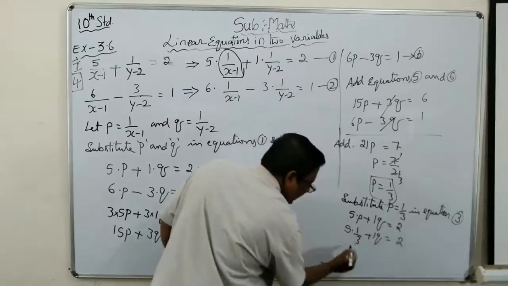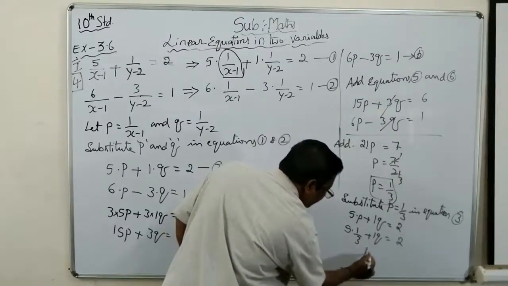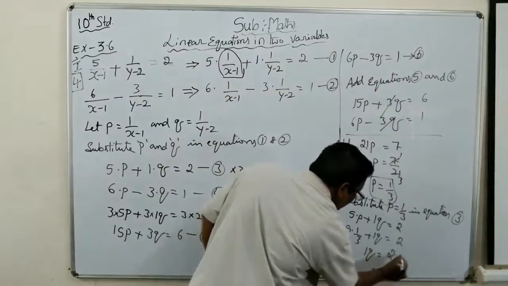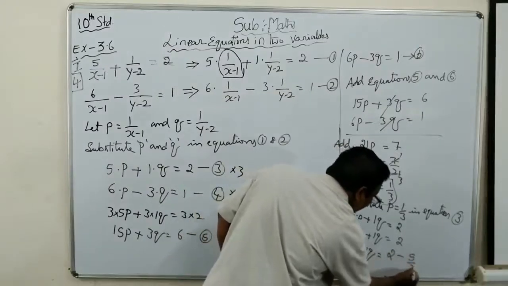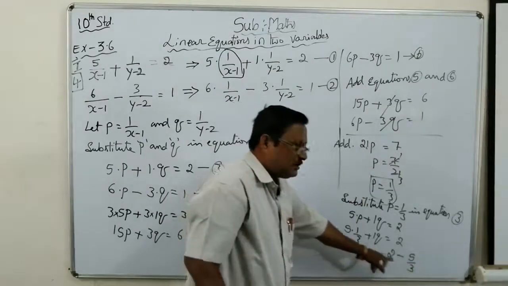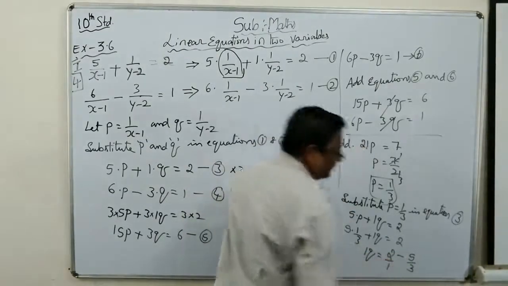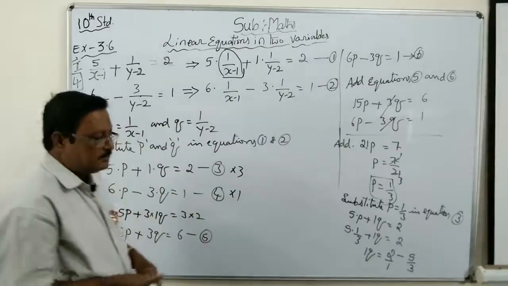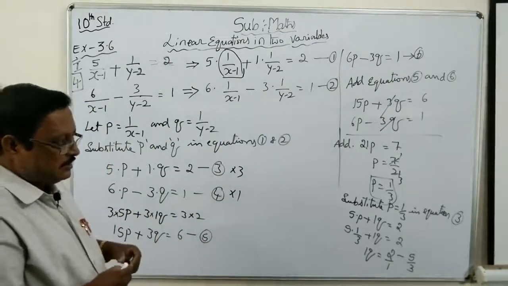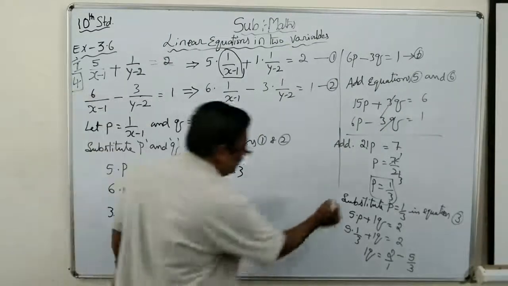Here 5 by 3, 1q is equal to 2 minus 5 by 3. Here this is plus sign, it comes to this side as minus sign. For 2, there is no denominator, means 1. Take the LCM and subtract, then you will get the Q value.